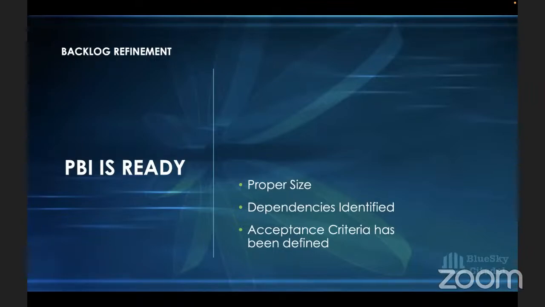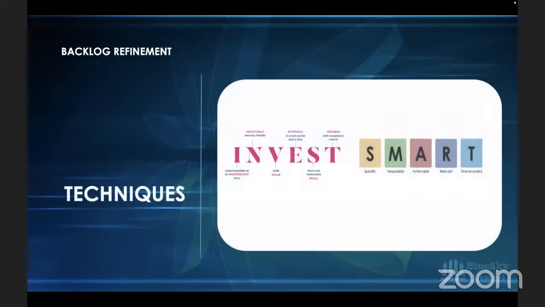The product owner or the business analyst ensures that all these product backlog items follow techniques like the INVEST technique or the SMART technique. That means this product backlog item that we want to commit next sprint is an independent story. It is negotiable and very flexible. It would add value to the product goal.